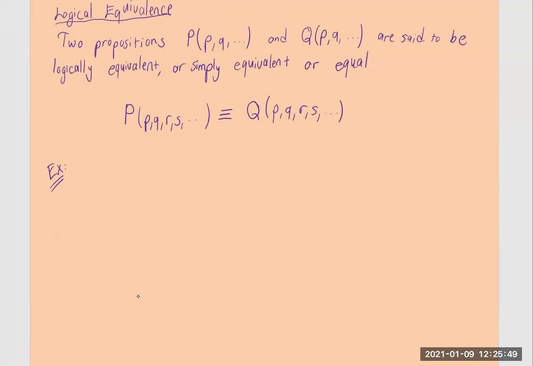Example, it is really the best way to explain an idea. We have P and Q as famous propositions, and they have the same true, true, true, false, false, true, and false, false.